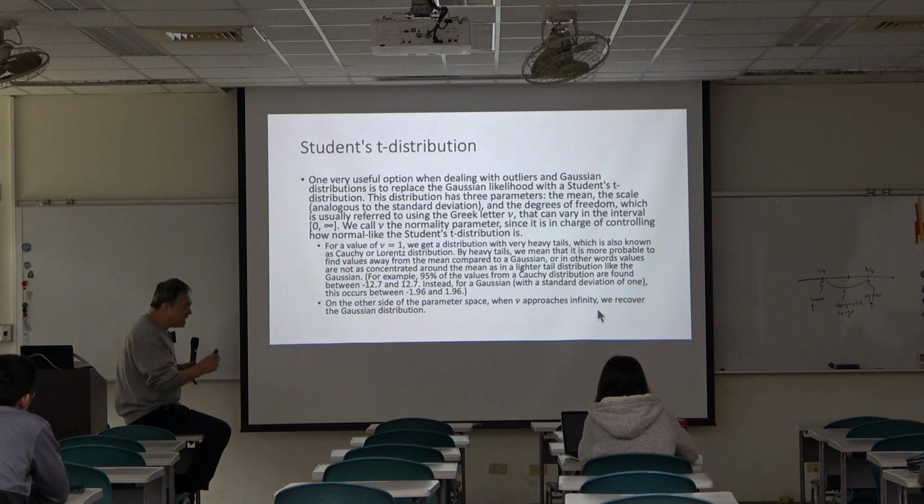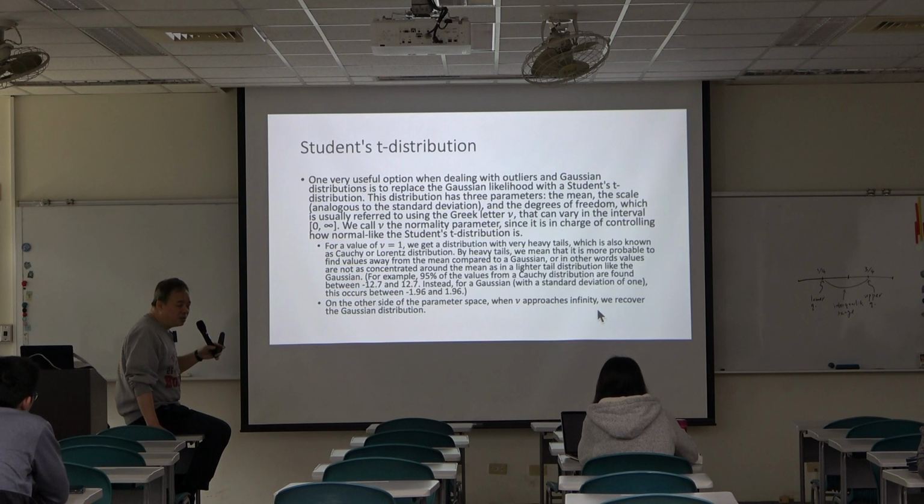So this is not a normal distribution, but it is known as the Cauchy or Lorentz distribution. You don't need to remember those names because we can just use the student t distribution, it will cover these distributions anyway. By heavy tail, we mean it is more probable to find values away from the mean compared to a Gaussian.